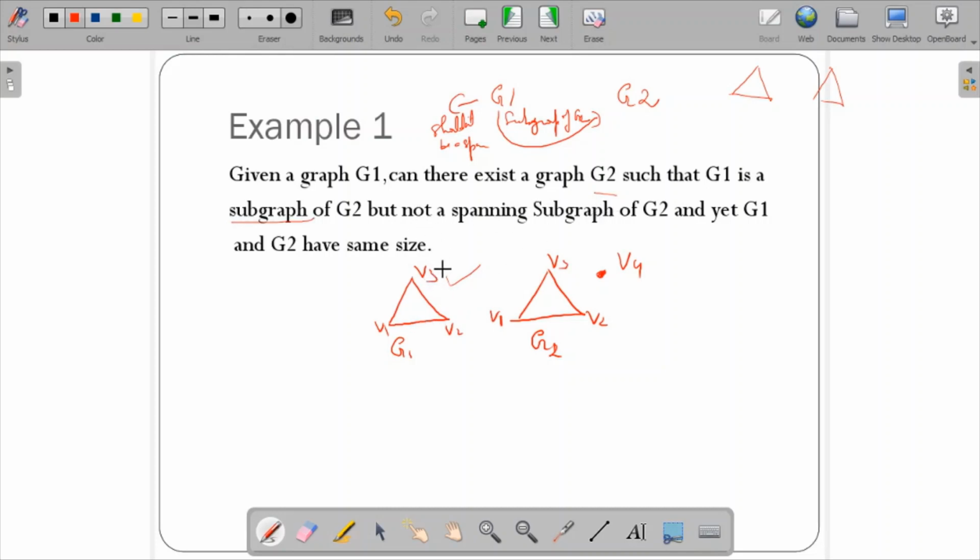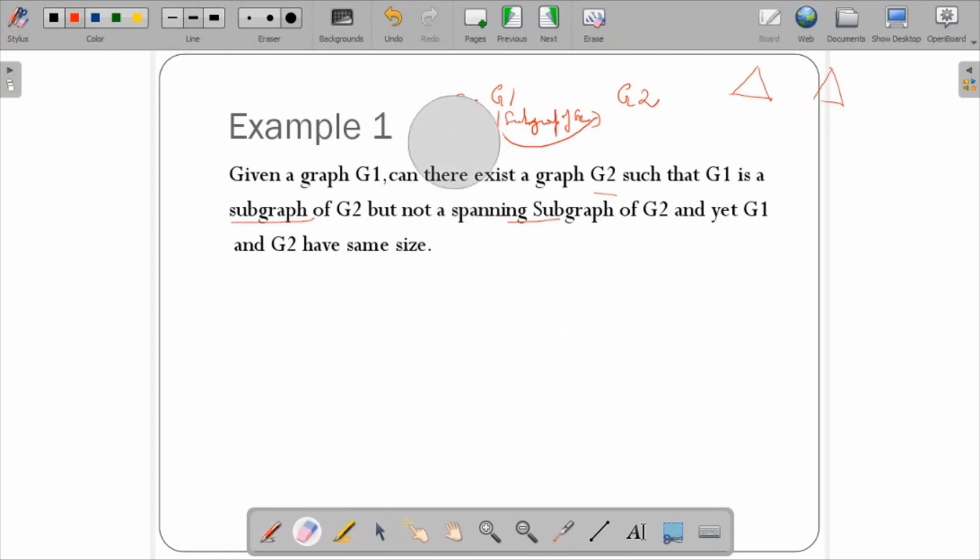If it were a spanning subgraph, whatever vertices are here should be there also. Yes, v4 is missing, so this is not a spanning subgraph. That condition matched, and both graphs should have the same size, meaning the same number of edges. So these two diagrams can be an example of such a graph.